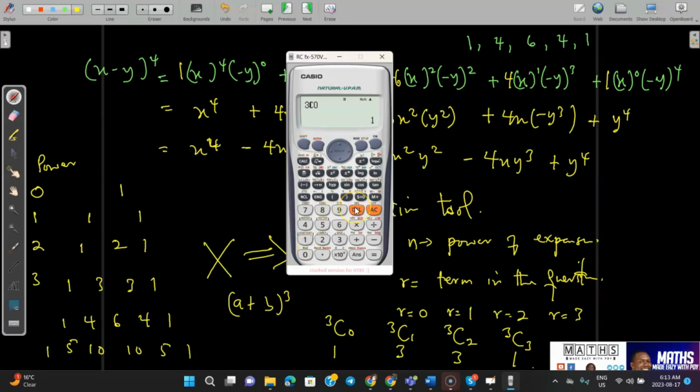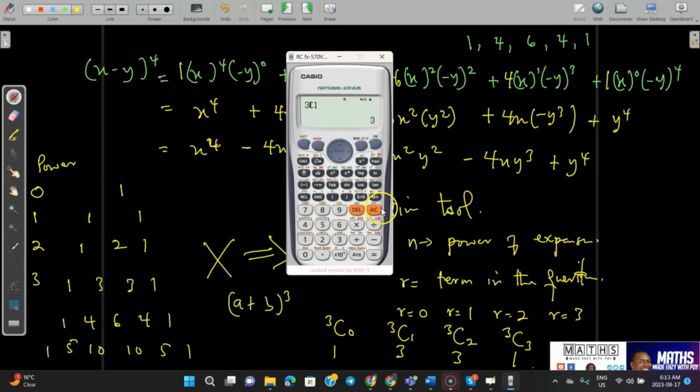Then you go again. You can edit it, or you can clear the whole screen and go for the next term. That is going to be 3 shift combination 1, and that will be the second term. That will give you 3.